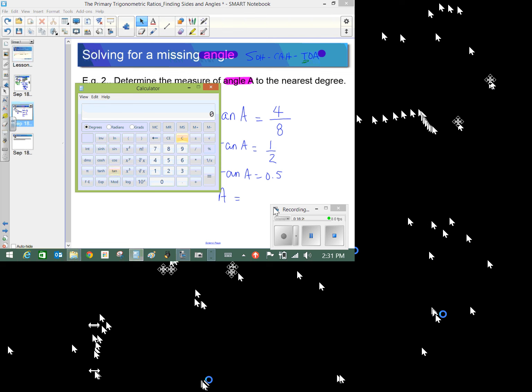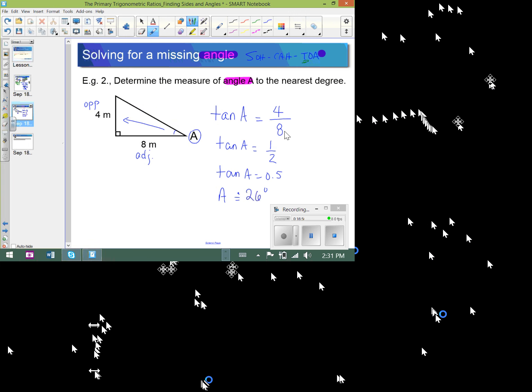Okay, so let's enter in 0.5, and I'm going to invert the tangent, and it tells me in degrees 26.56, and rounding to the nearest degree, it's 26 degrees.